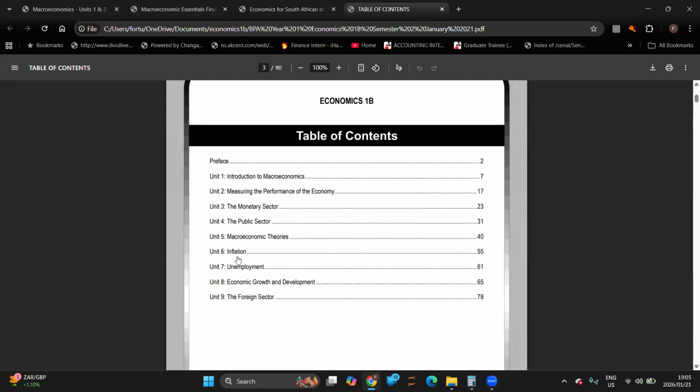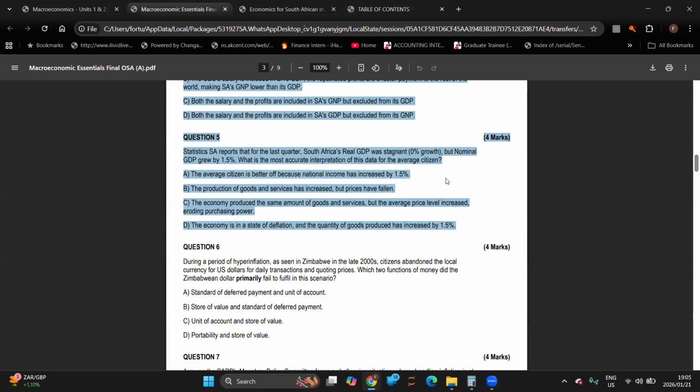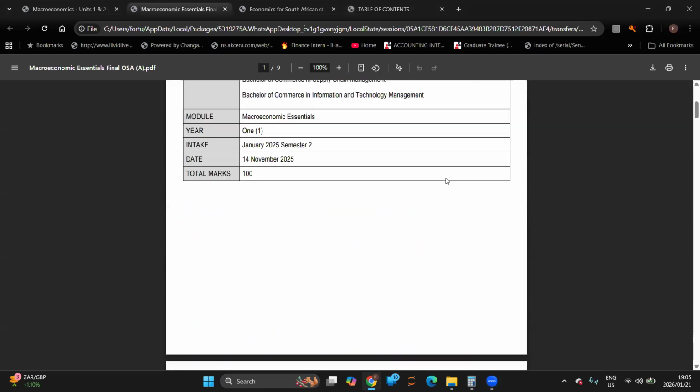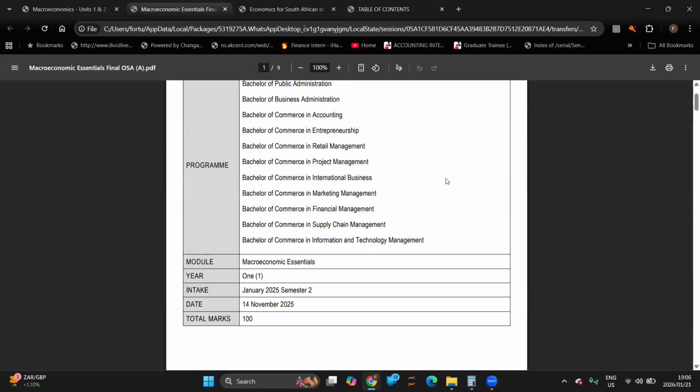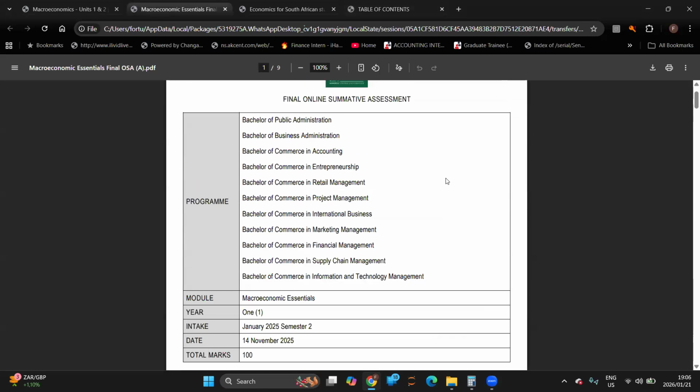We're going to be zooming in, and at the end of these topics, we're expected to answer an exam-type scenario, which is made up of multiple-choice questions.